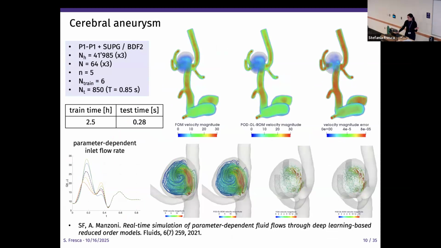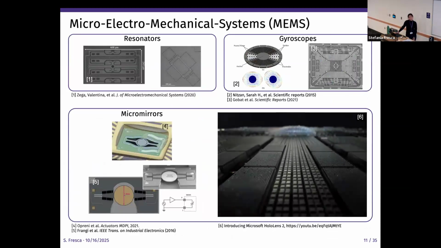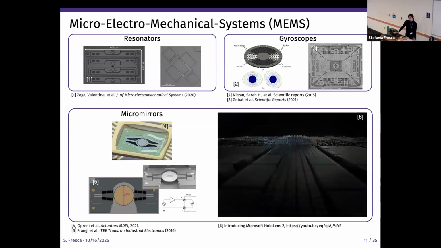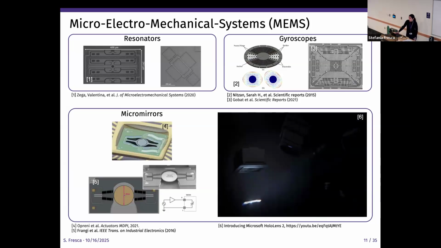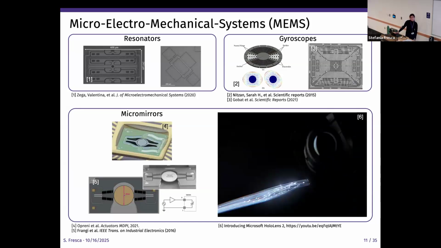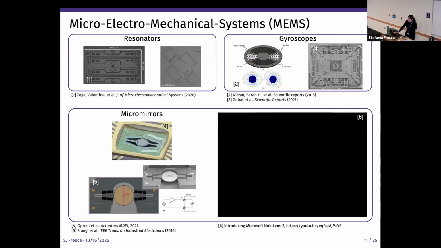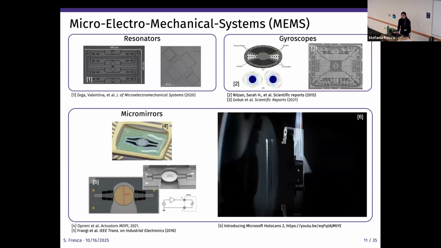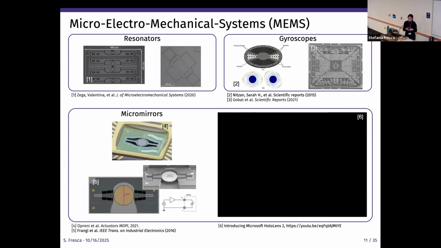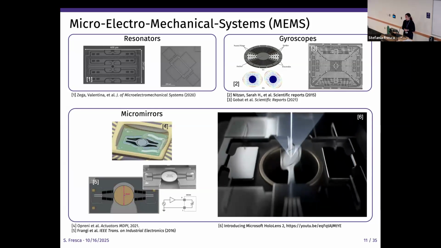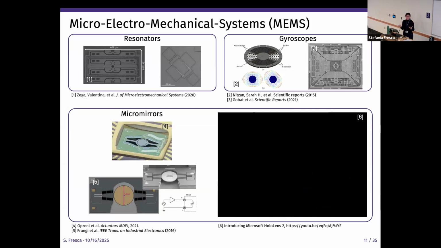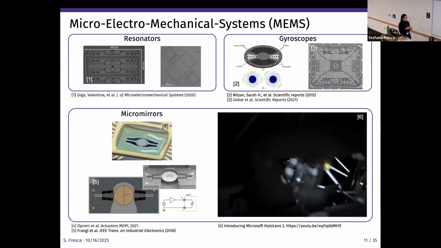If these two examples are related to a life science domain, we also employ it in an industry-related task, which was connected to the approximation of the dynamical response of MEMS. Microelectromechanical systems are micro devices combining electrical and mechanical components, and resonators, gyroscopes, micromirrors are all examples of MEMS.